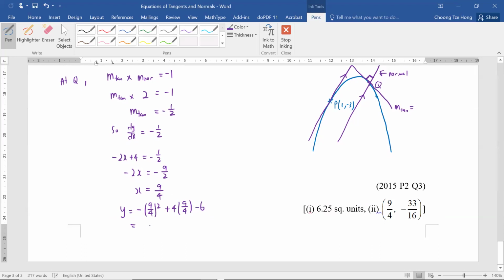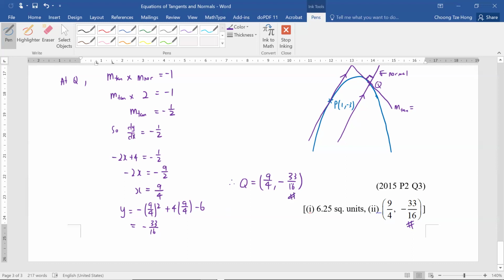That will actually give you -33 over 16, or in decimal, -2.0625. So we can conclude that Q equals (9 over 4, -33 over 16). This is the answer over here.